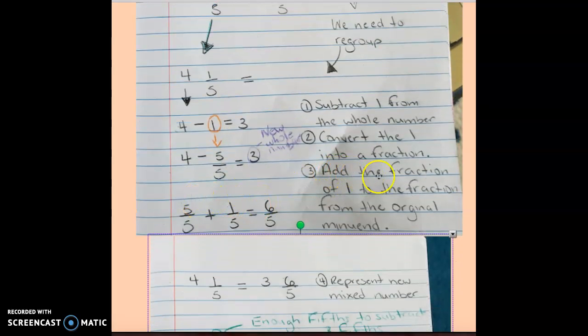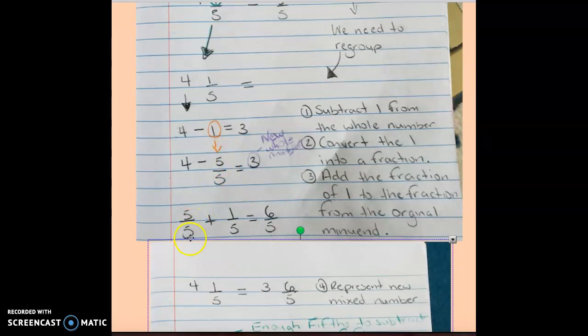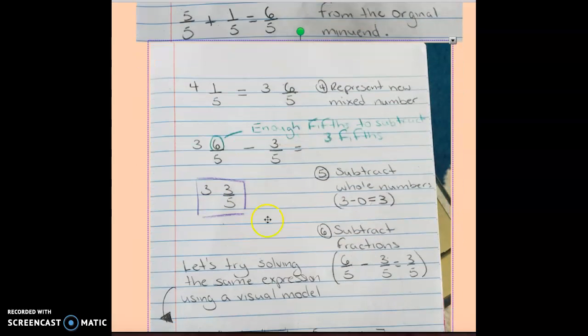The next step is to add the fraction 5/5 to the fraction from the original minuend, which was 1/5. So I'm adding the 5/5 plus 1/5, and so now I have my new fraction of 6/5. So now we know that 4 1/5 is equivalent to 3 6/5.